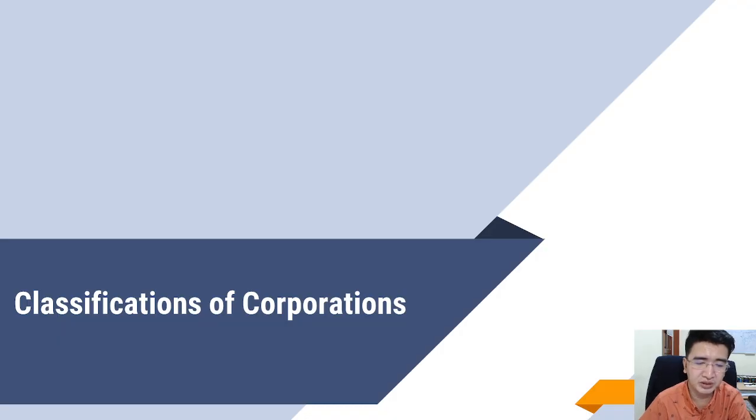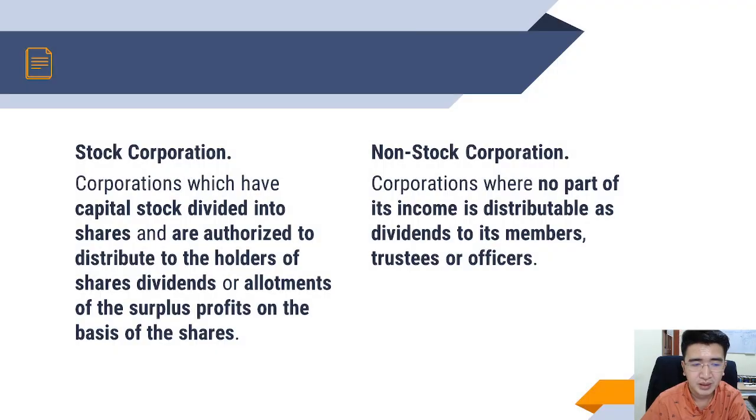As to classifications of corporations, ito madami. We have the stock, the number 1 stock, the number 2 is non-stock. I will present it this way so that you can understand and contrast the different classifications of corporation. So for a stock corporation, by the term itself, stock, it has a capital stock divided into shares and is authorized to distribute to the holders of shares, dividends, or allotments of the surplus profits on the basis of the shares.